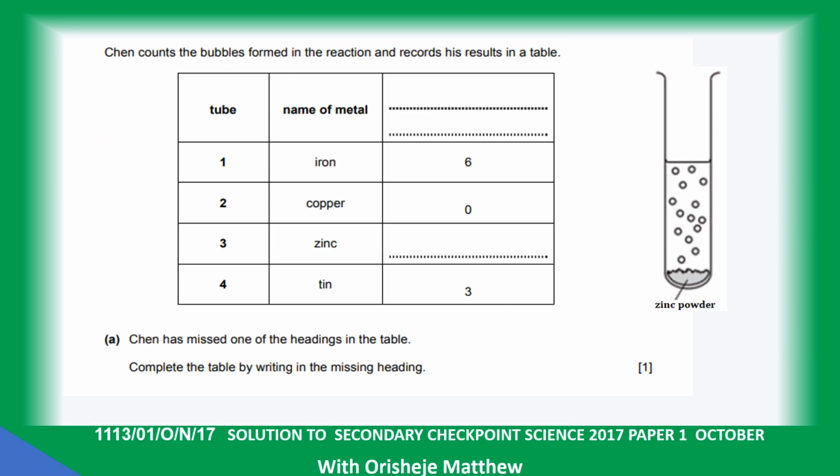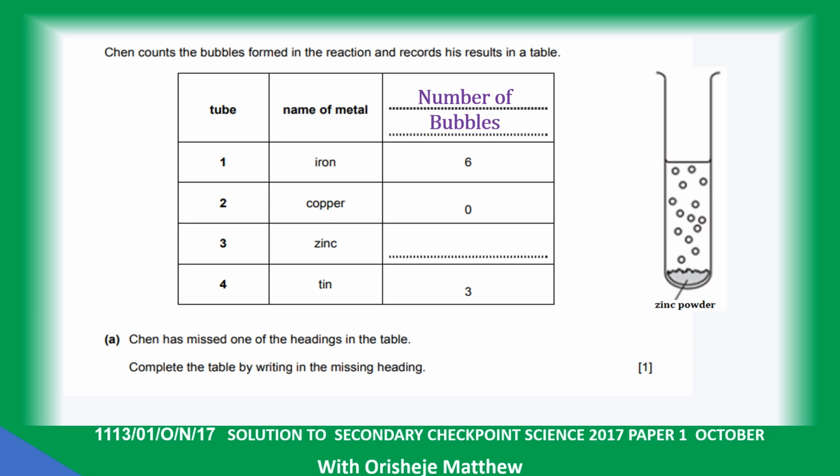Shen has missed one of the headings in the table, number of bubbles produced. Complete the table by writing the missing heading.